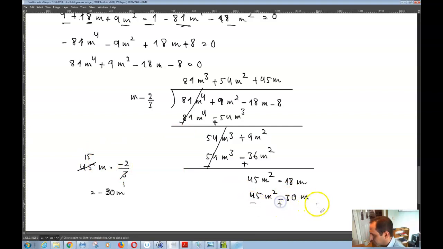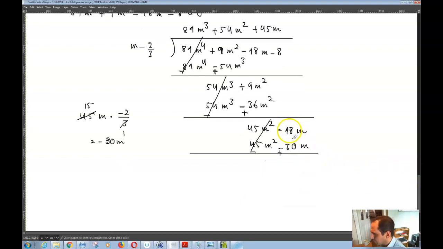So negative positive, and then I can cancel these two out. Negative 18 plus 30, 30 minus 18 is equal to positive 12m, and over here I have a negative 8, so plus 12m, and 12 times negative 2/3 is equal to negative 8, and then here you will get a 0.